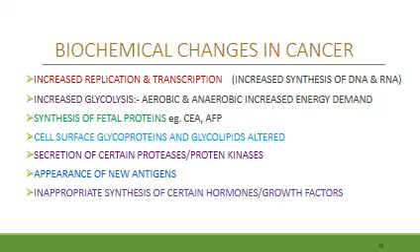There is appearance of new antigens, for example carcinoembryonic antigen, a very unique antigen detected in certain types of tumors. And there is inappropriate synthesis of certain hormones, which become extensively synthesized, and so also certain growth factors.